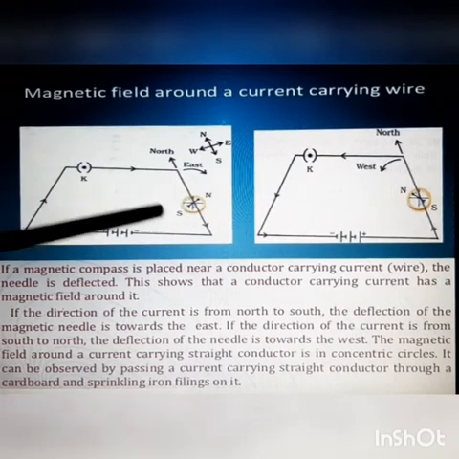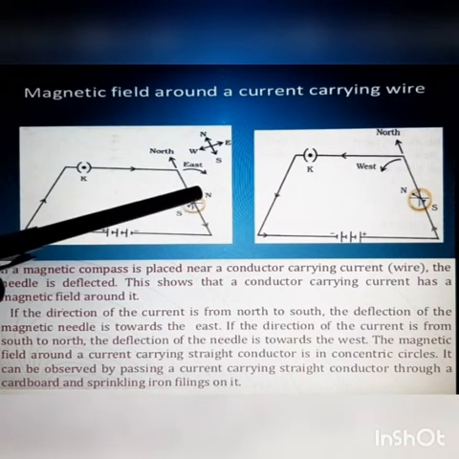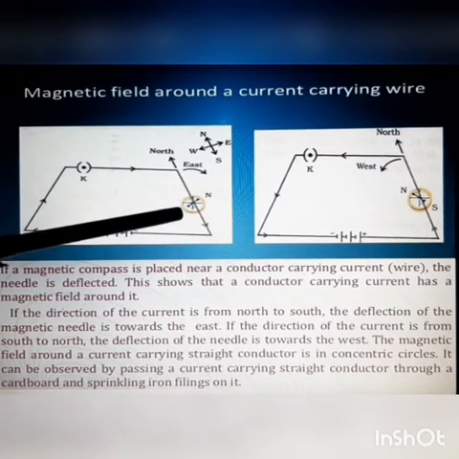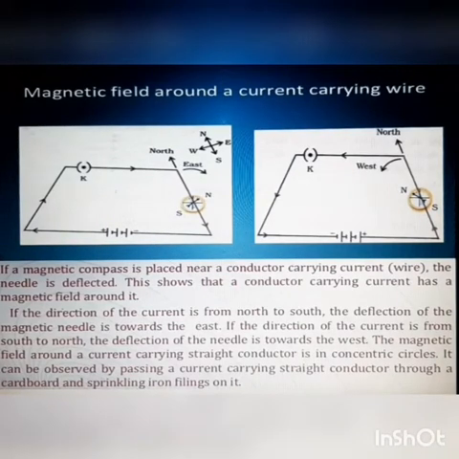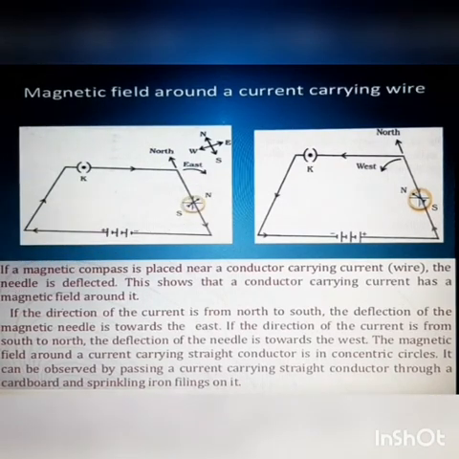If we place a magnetic needle here, we see that it deflects from its north-south position. From this, we can say that the current passing through the wire generates a magnetic field around it, which interferes with the magnetic field of this magnetic needle and makes it deflect.